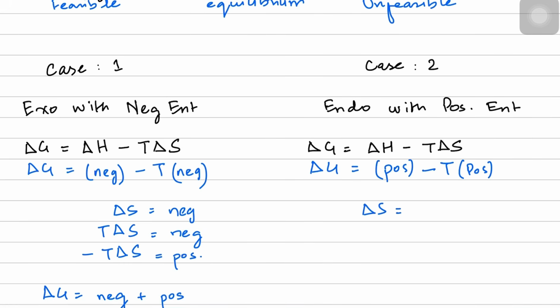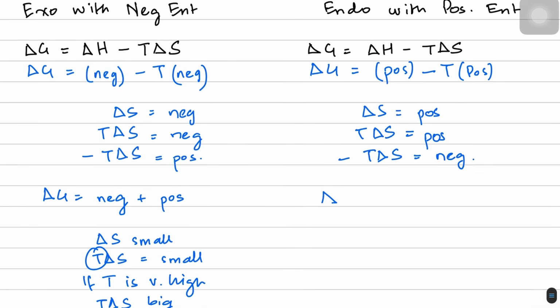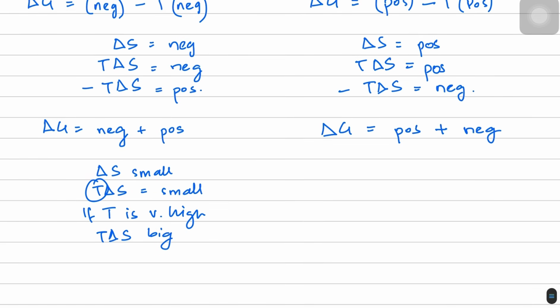If delta S is positive like I just said, then T delta S is also a positive value, and minus T delta S is a negative value. My final equation becomes positive enthalpy with a negative T delta S term, which is entirely over here. Now, what could be the final result?